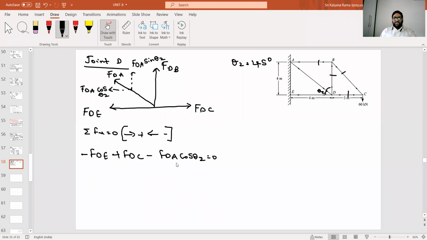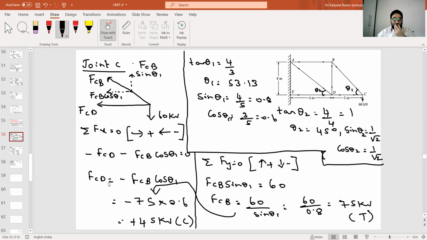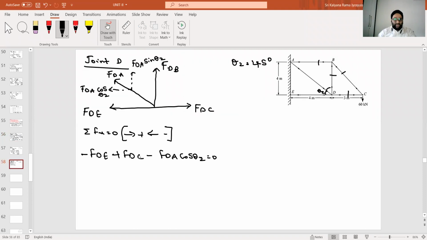So we already know FDC. What is the value of FDC? FDC is 45 kilonewton. So minus FDE minus 45 is equal to FDA cos theta 2.